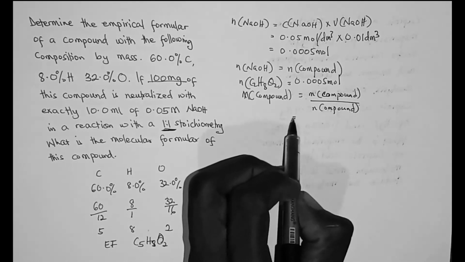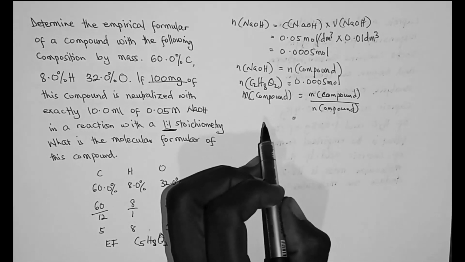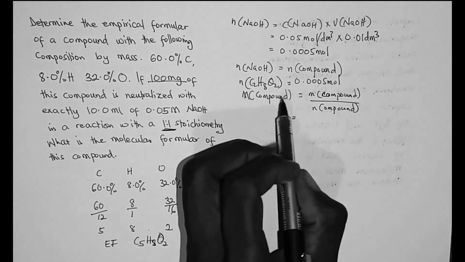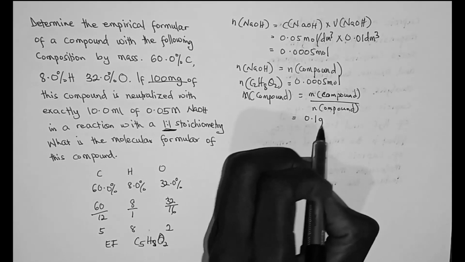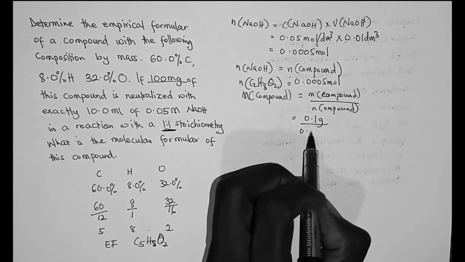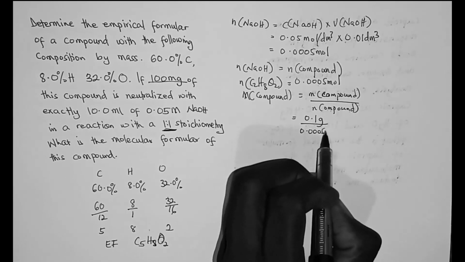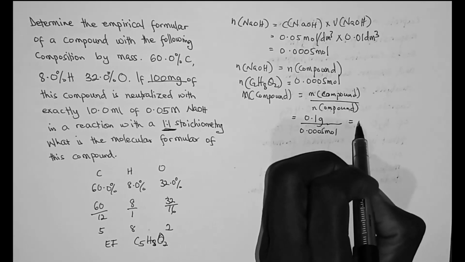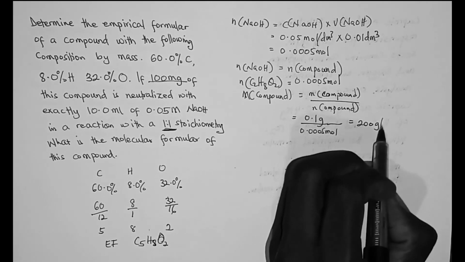The mass of the compound was given as 100 milligrams, and 100 milligrams is the same as 0.1 grams, divided by the number of moles, which is 0.0005 moles, and therefore this is equal to 200 grams per mole.